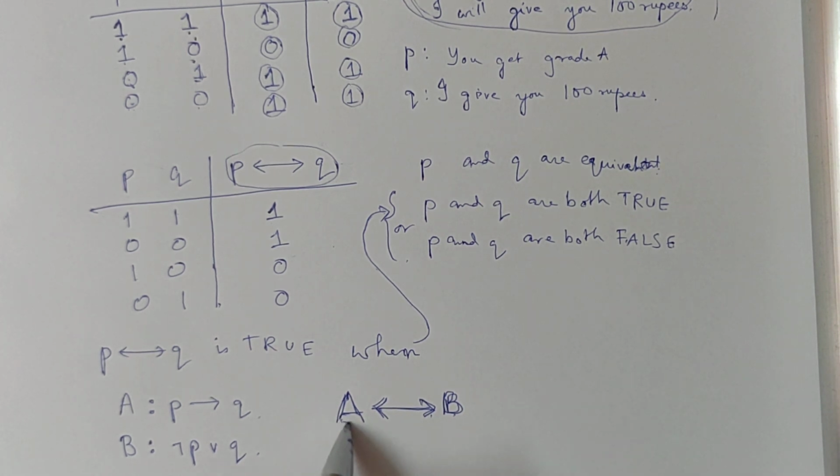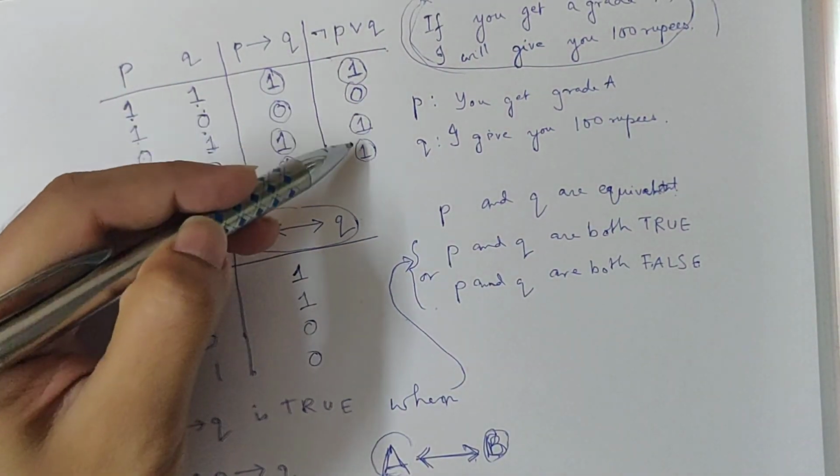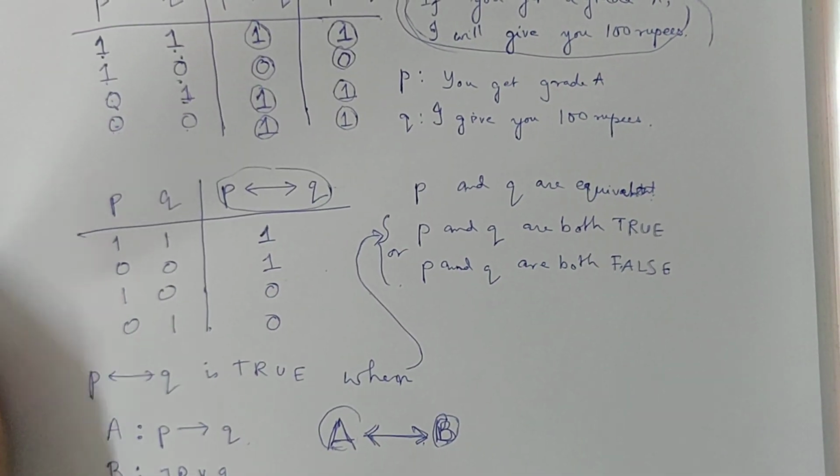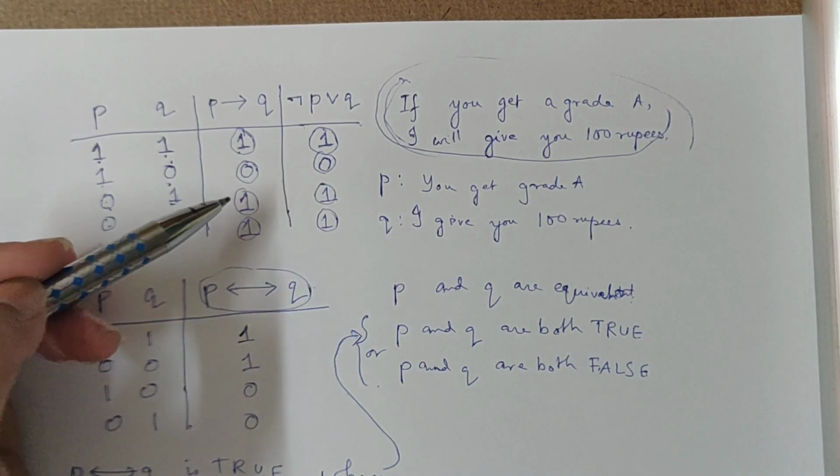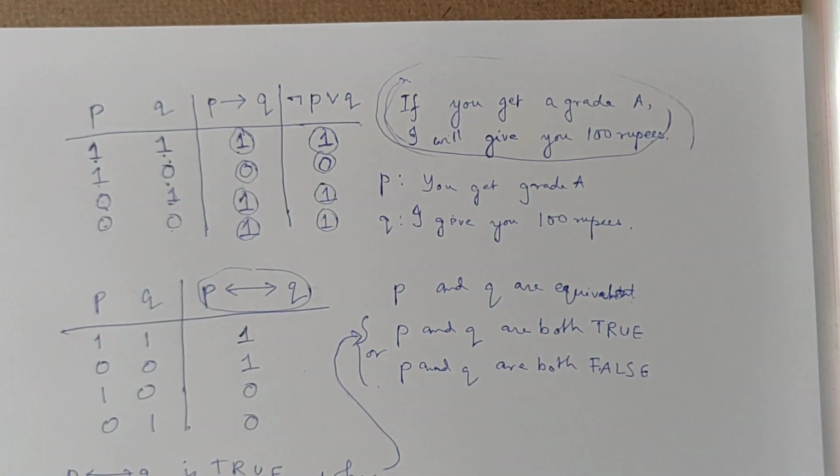Yes, because when A is true, we are seeing that B is true. So A and B are both true. And when A is false, then B is also false. So A and B are both false together. And as you can see here, there are no conditions when one statement is true and the other is false, or one statement is false and the other is true.